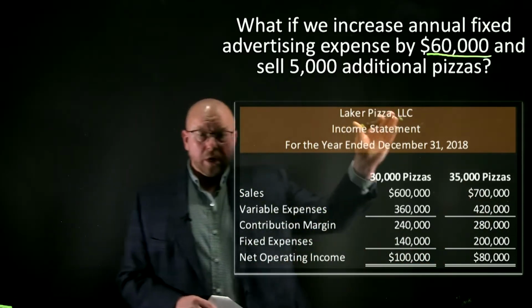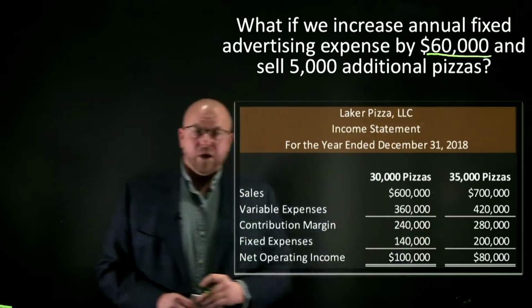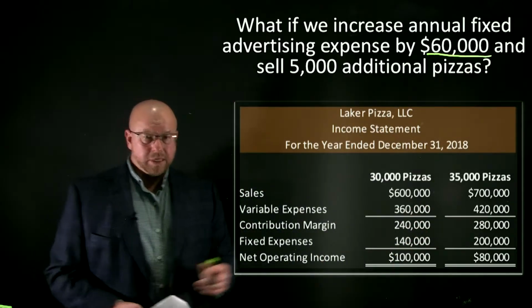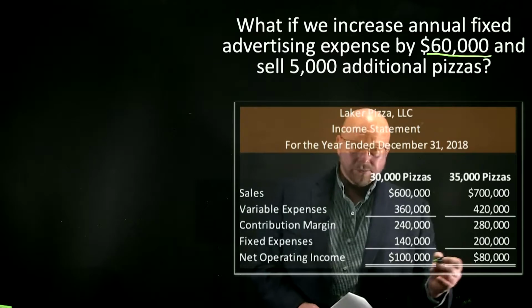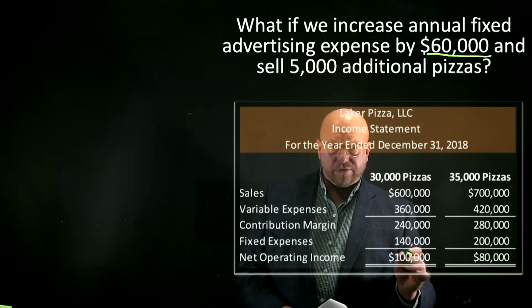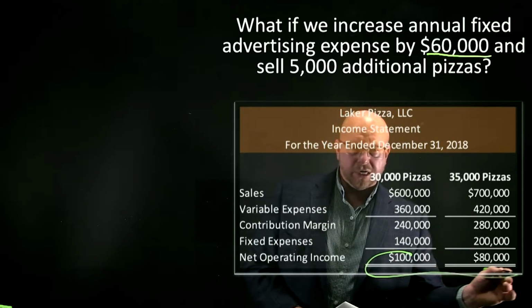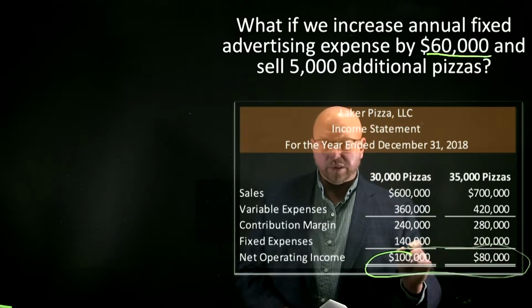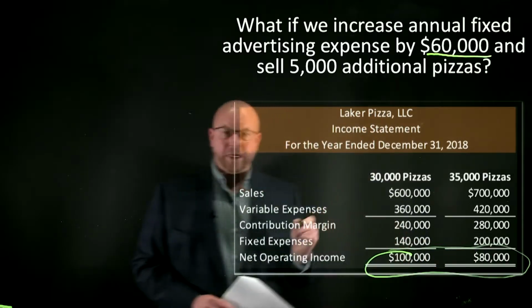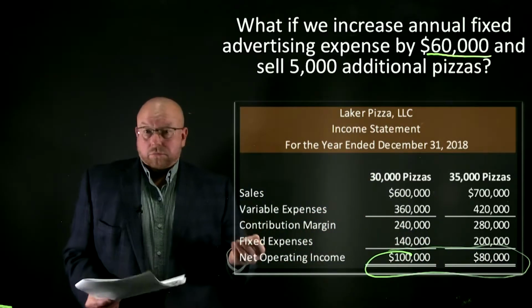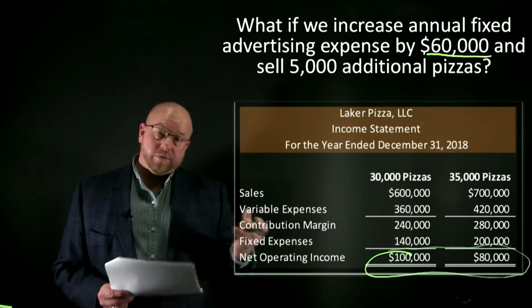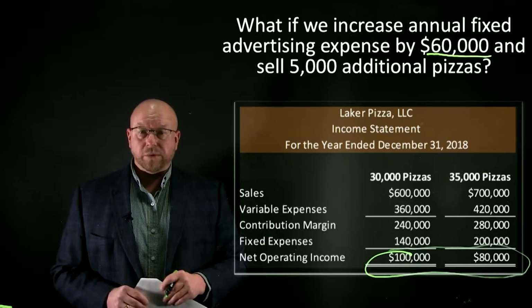We could create two side-by-side full-blown income statements, and the bad news is that, if this happens exactly as we predicted, this would actually result in a lower operating income. Yes, sales go up, variable expenses go up, and so does contribution margin.